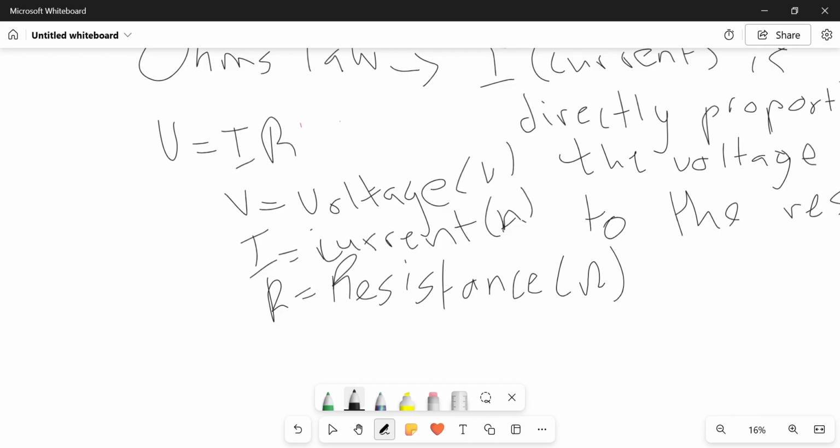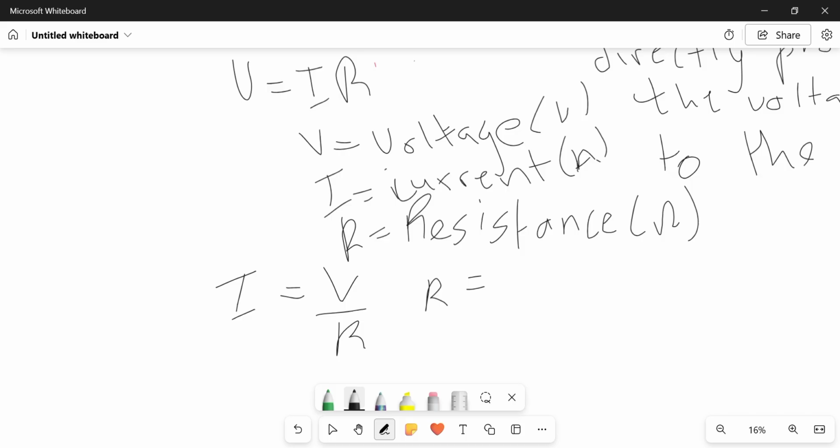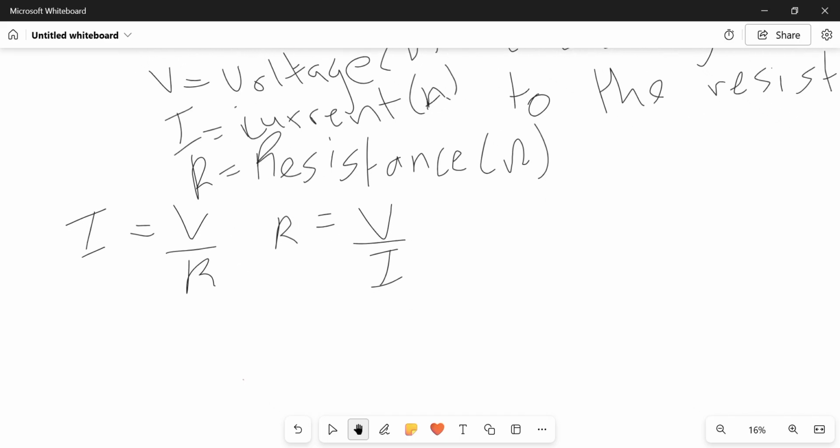You can also manipulate the formulas. When you're looking for current, it will be I equals V over R, and R equals V over I. So this in simple terms explains the relationship between the voltage, the current, and the resistance.